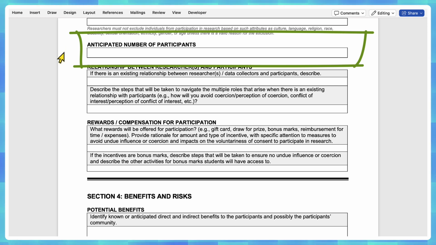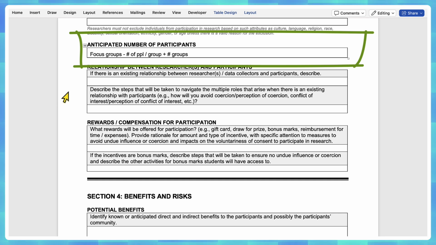A note, if you're doing focus groups, we want the number of people per group plus the number of groups. So often when someone is doing a focus group study, they hold more than one focus group with smaller numbers of people.